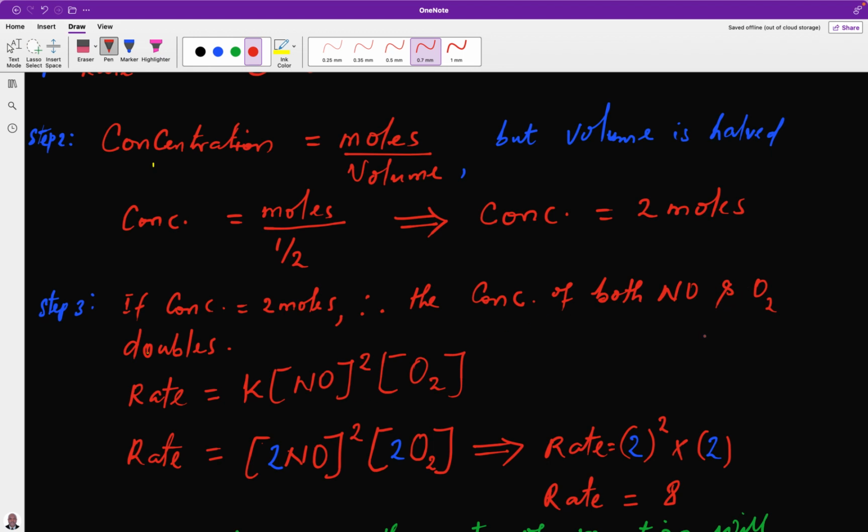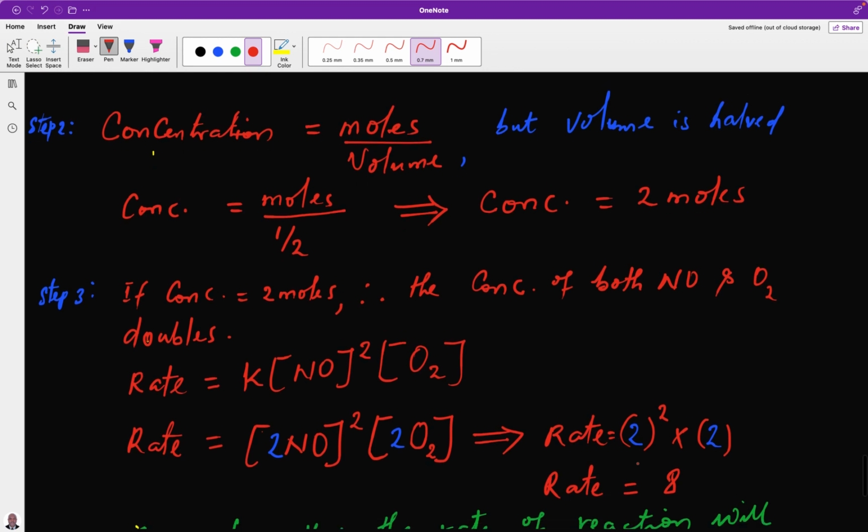Rate will be equal to 2 moles of NO all raised to the square, which is the order of reaction of NO, times 2 moles of oxygen. Calculating the rate, it will be 2 square times 2. The rate now will be 8.